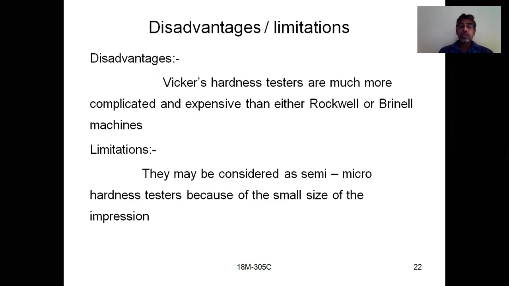You have to remove the load and find out the diameter of the indentation by using a formula: BHN is equal to load by area of indentation. So by using the values capital D and small d, you find the BHN number. This is the procedure to find hardness by using the Brinell hardness testing machine.